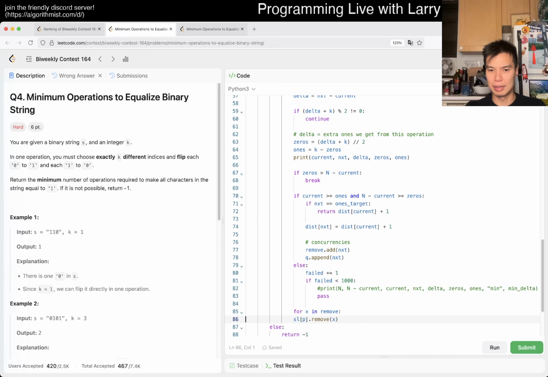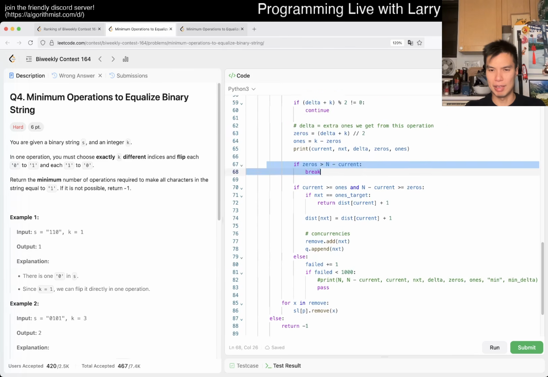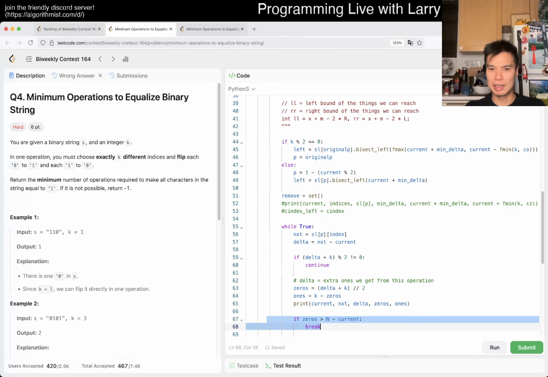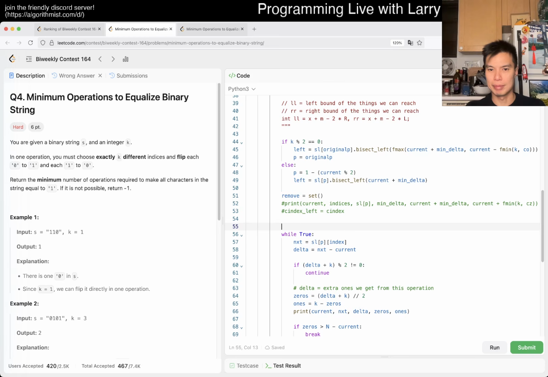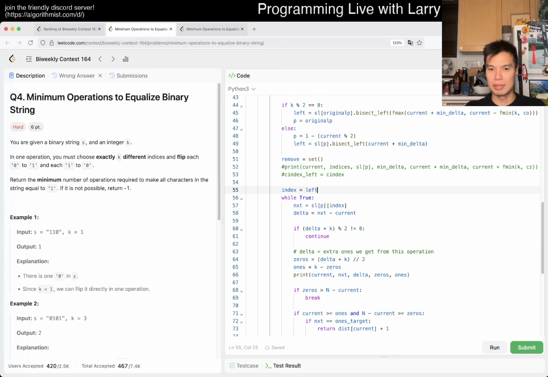Oh no, you have to do it at the end, because this will eventually terminate it, so that's why it's fine. It's a little bit awkward, but that means that you have to set index equal to left. This will terminate it, or we run out of bounds. So maybe left is less than length of SLP, something like that.